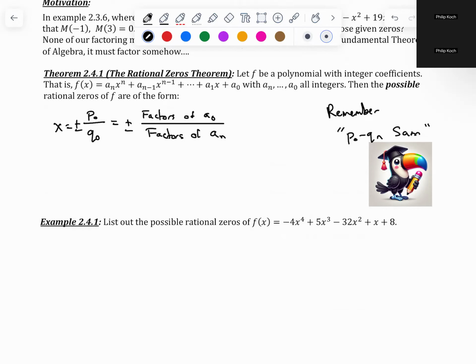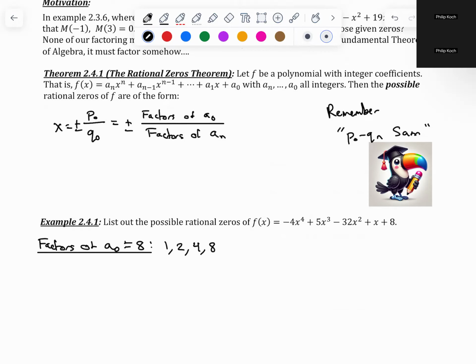So let's see it in an example here. I'm giving you this quartic polynomial, and we're going to list out the possible rational zeros. The factors of A sub 0, which equals 8. What are the factors of 8? 1, 2, 4, and 8. Those are all the possible factors of 8.